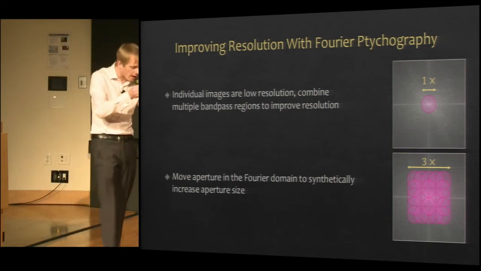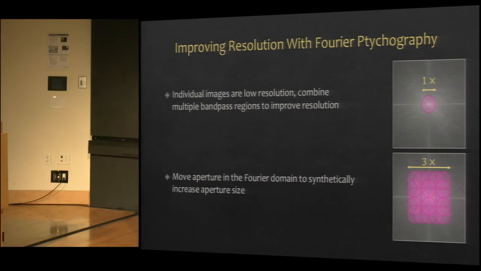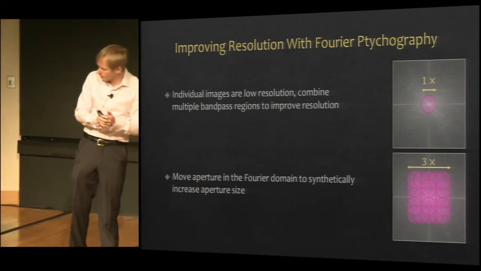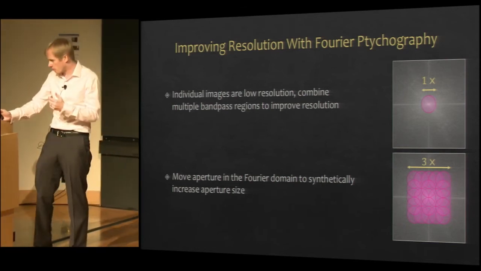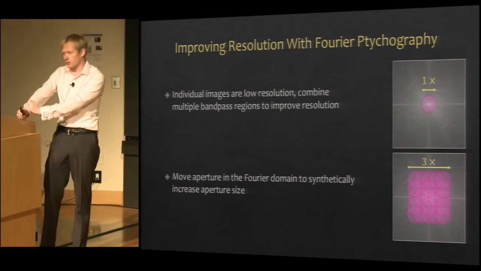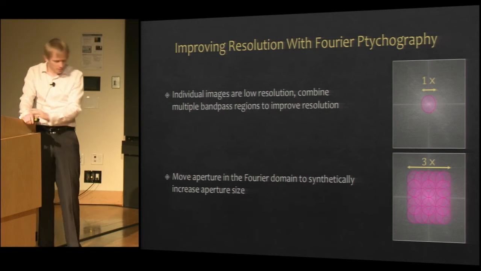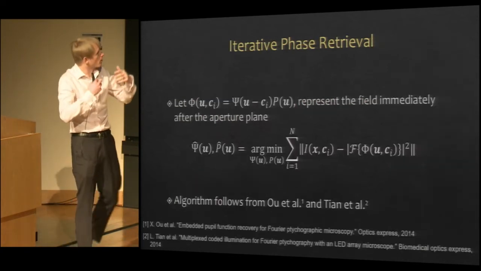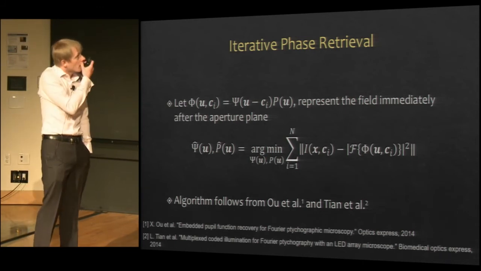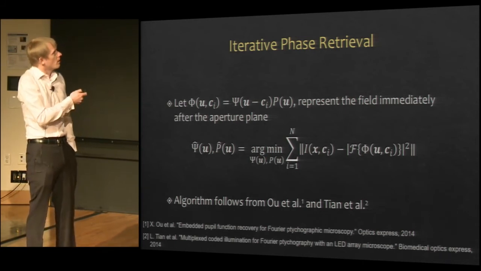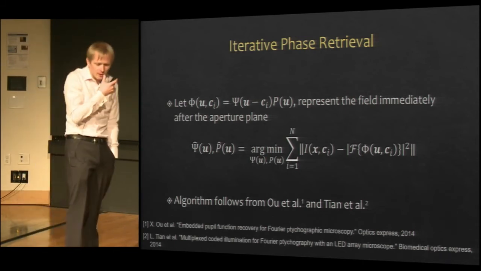And we only have the magnitude, or the square of the magnitude. And so we need to recover this phase information through a process cleverly called phase retrieval. And this is formulated as a fairly straightforward optimization function, just least squares over all of my different measurements.